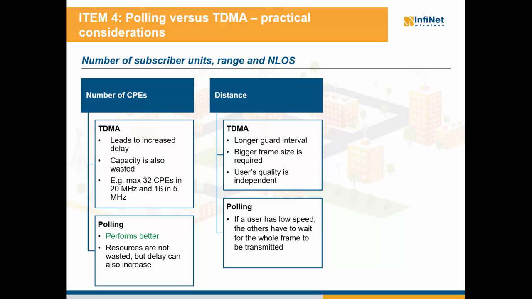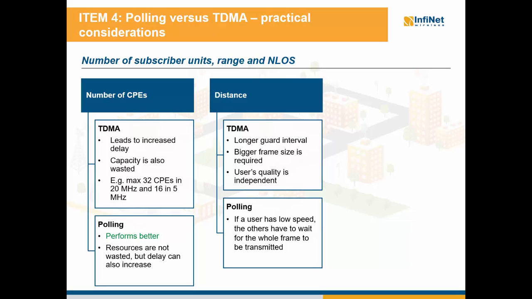However, if a subscriber unit is far away from the base station and has a lower signal to noise ratio, this will not affect the other CPEs because it will use only its own time slots to send at lower speed and with retransmissions if necessary. The other CPEs will send their data faster in their own allocated time slots.